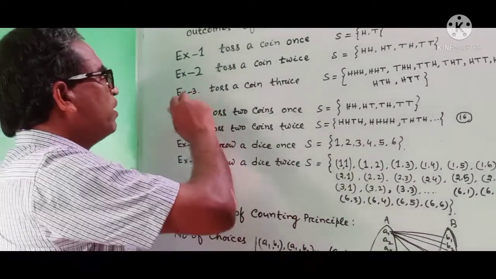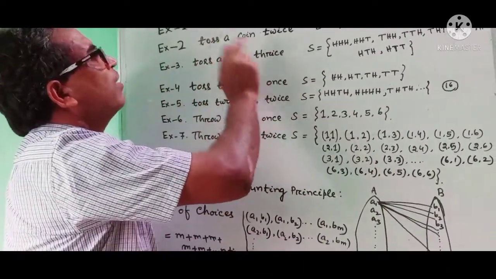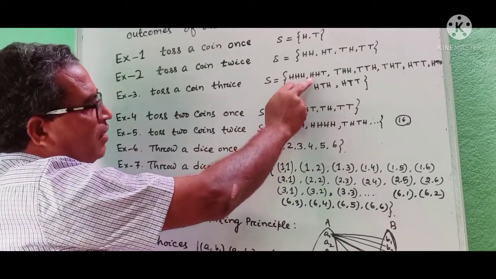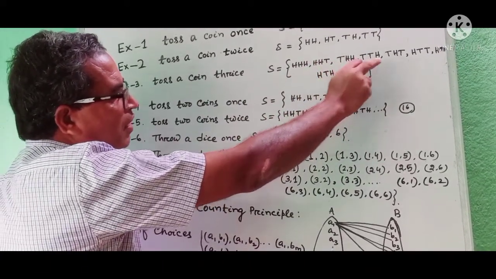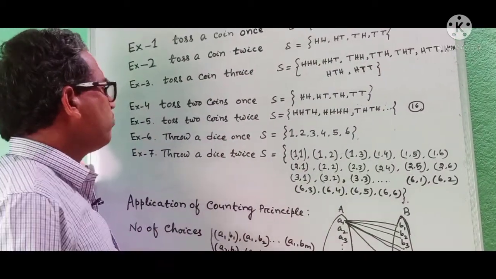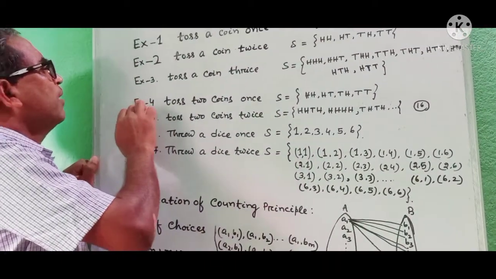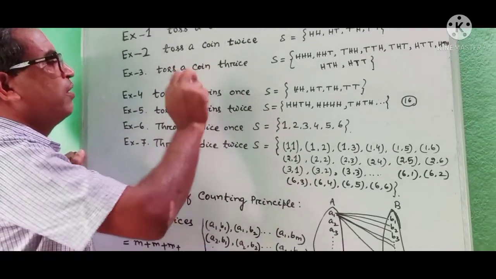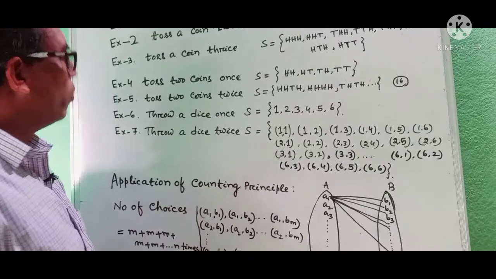Then example 3: toss a coin thrice. S will be HHH, HHT, THH, like this. Then example 4: toss 2 coins once.